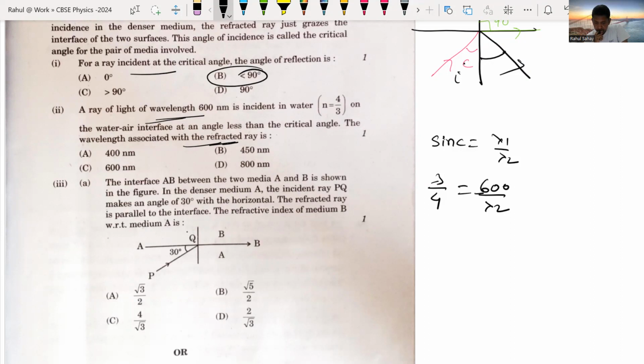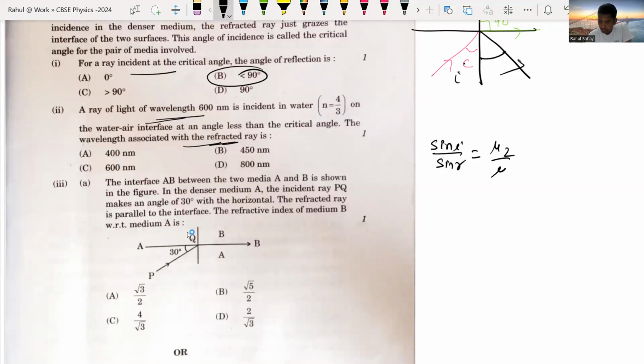A ray of light of wavelength is incident in water on a water-air interface. Refracted ray: sin I by sin R is equal to mu2 by mu1, which is equal to lambda 1 by lambda 2.